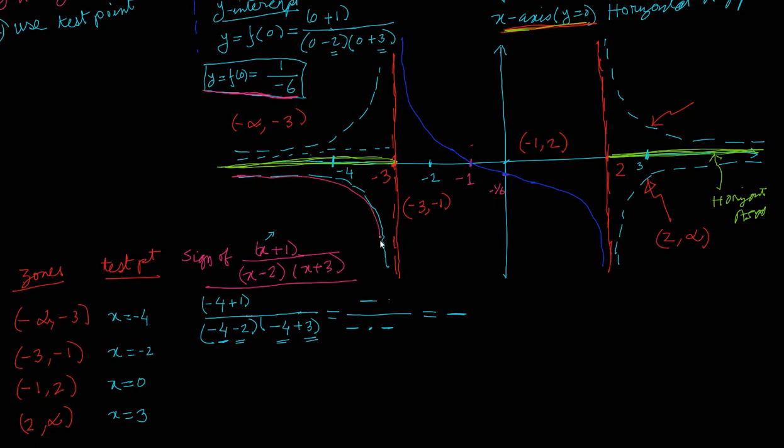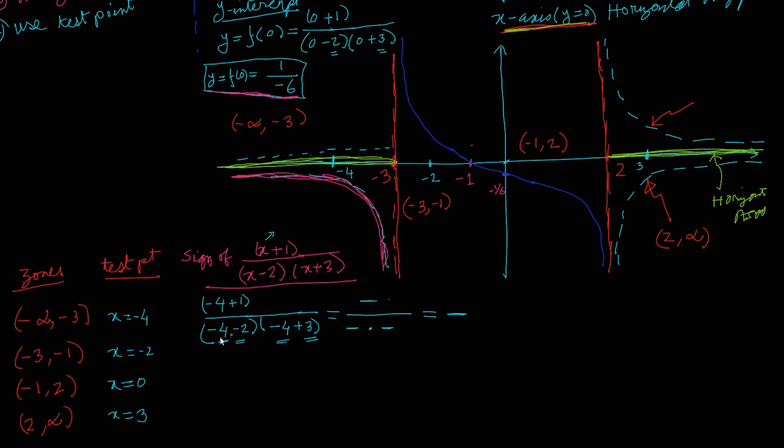This is going to be my plot. That means the top one is not a possibility, so I am going to erase the top graph. This graph is not a possibility. All right, that's good.